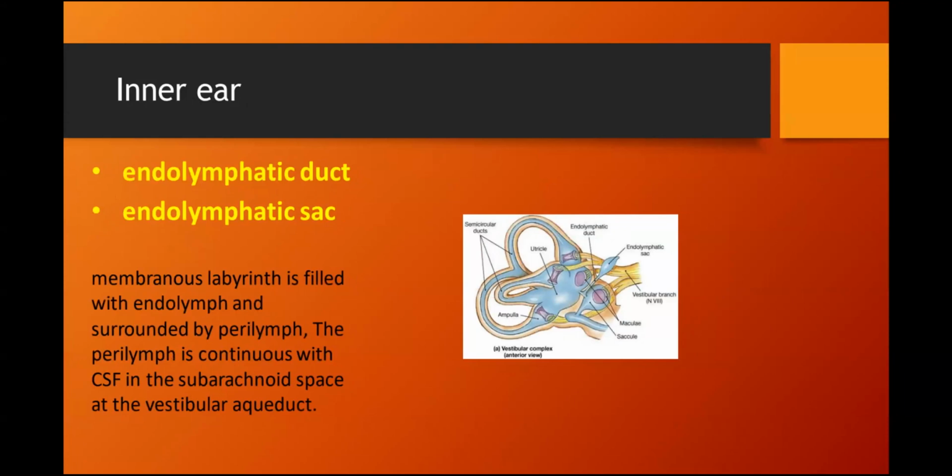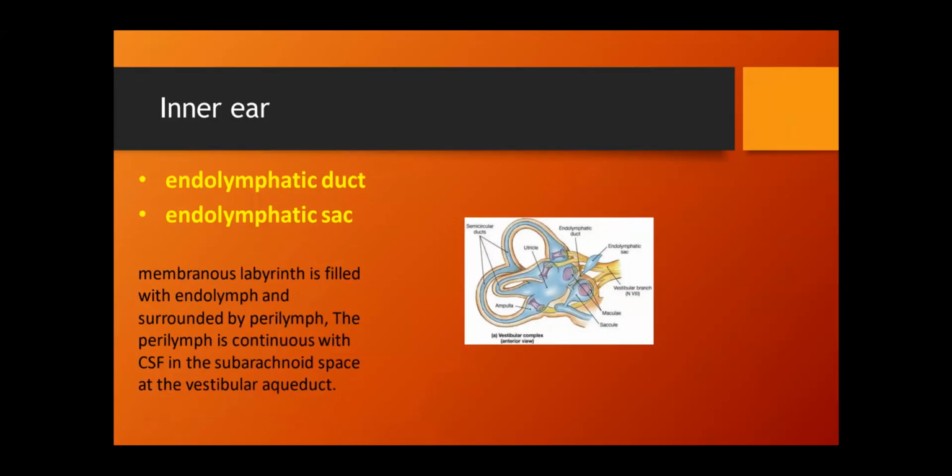And then the endolymphatic duct starts from the junction between the utricle and the saccule and ends blindly with the endolymphatic sac.